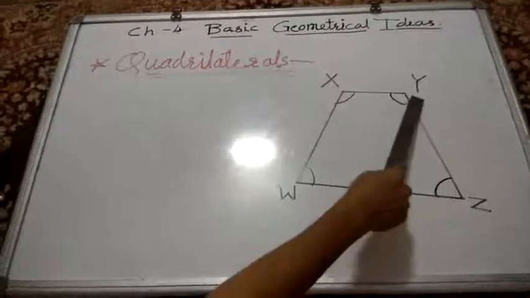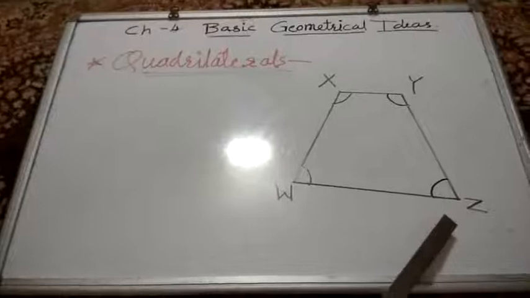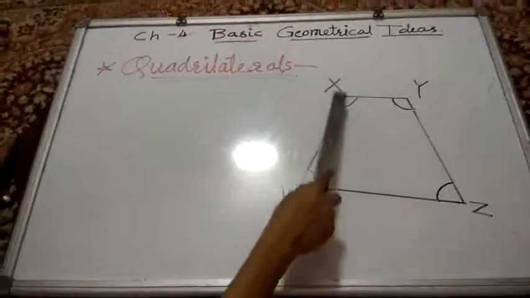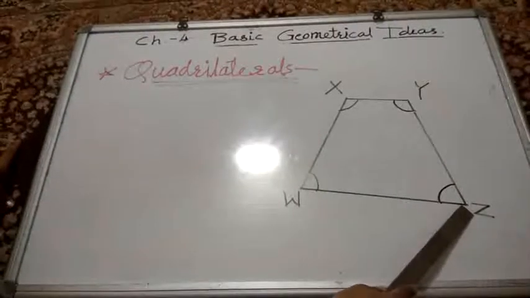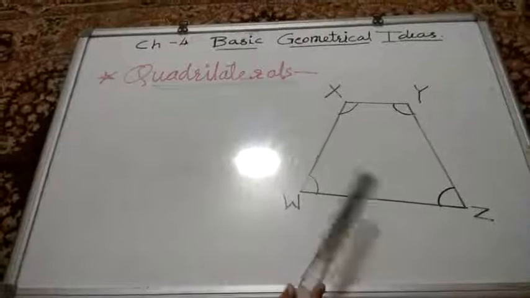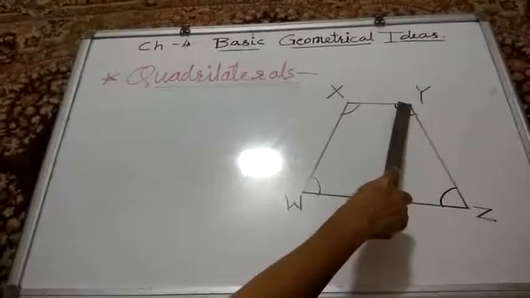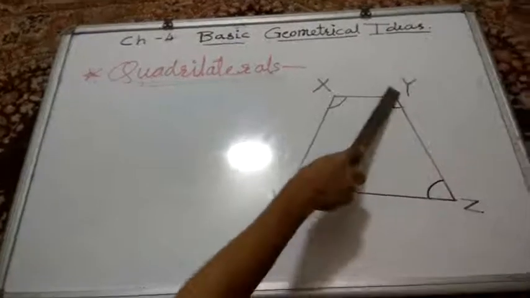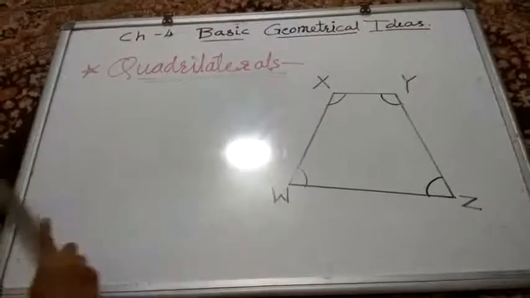Vertex W and vertex Y are opposite to each other. One more pair of opposite vertices is vertex Z and vertex X. Which are the opposite sides? Side WZ and side XY are opposite sides, and side YZ and side XW are opposite sides.